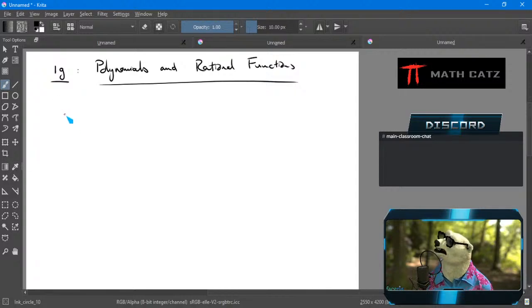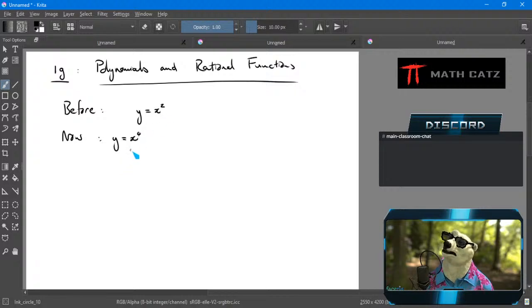Essentially, we have functions that are similar to the quadratic function we looked at before, y equals x squared. We can look at y equals x to the 4.